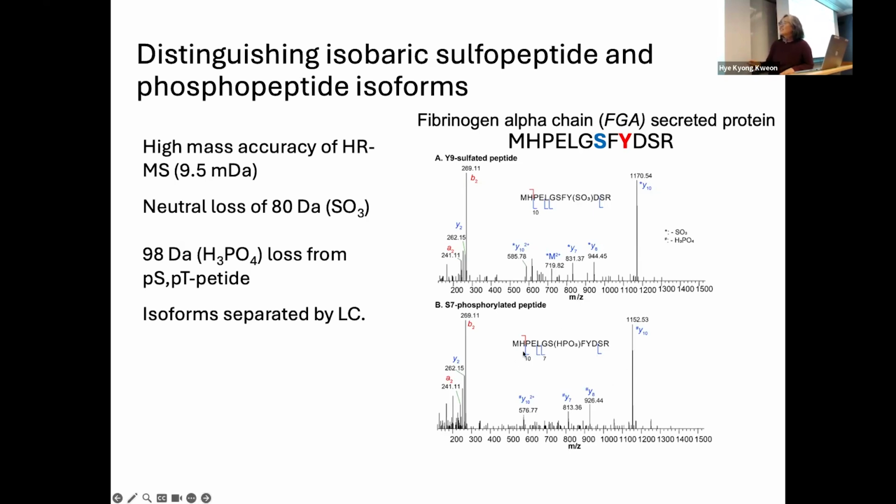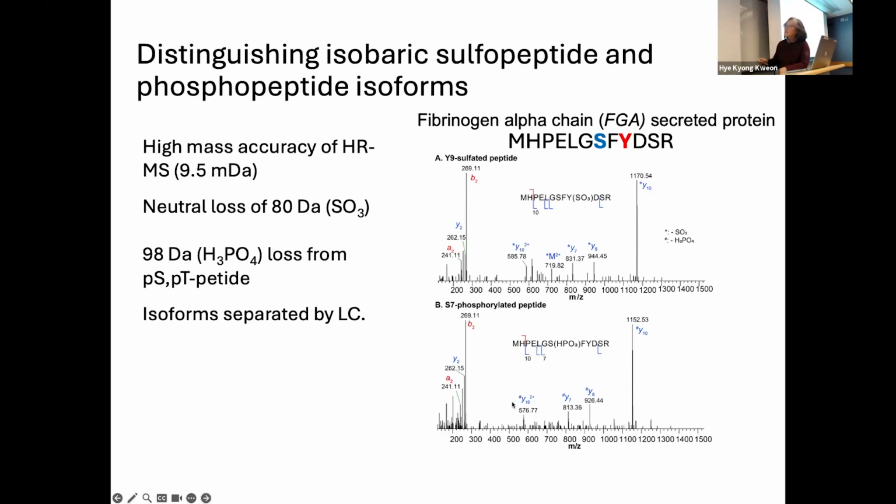So the serine is also lost, but the phosphorylation neutral loss is not an 80 Dalton loss, it's a 98 Dalton loss, because it's losing a neutral H3PO4, the mass is 98. So the loss is 98 from the fragment.